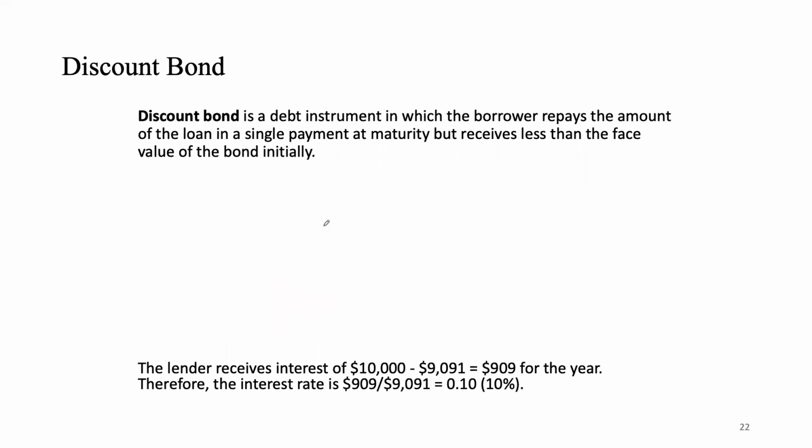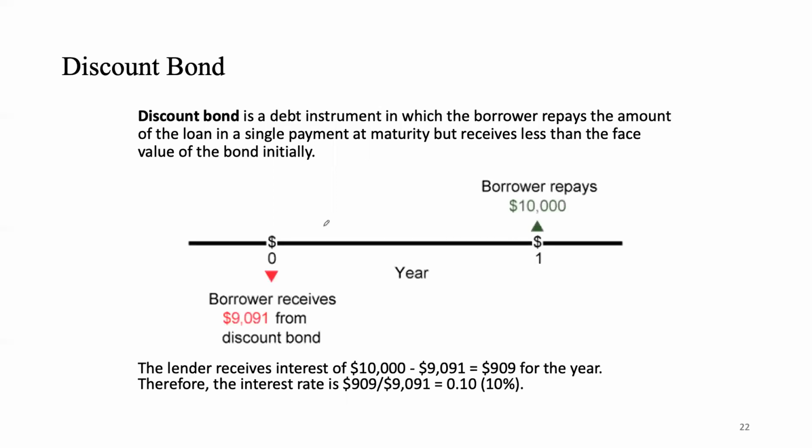A discount bond, on the other hand, is a very interesting idea. A discount bond is where the borrower receives less than the principal that they're borrowing in the first period, right? This is essentially a way of saying the borrower basically prepays the interest on this bond. So what does it mean?